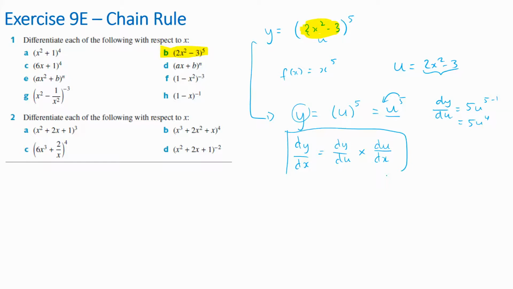If this is the rule, I've already got dy du because I've just figured it out. Dy du is the derivative of u to the power 5, which is 5u to the power 4. However, du dx, well, this is my u, and that's my x. It's the change of u over the change in x.